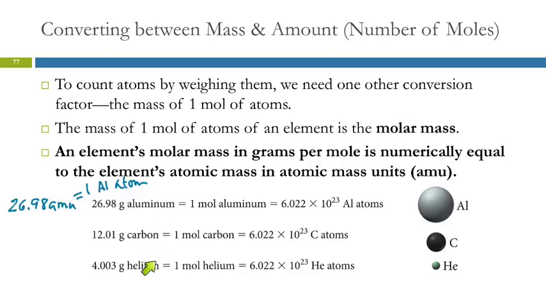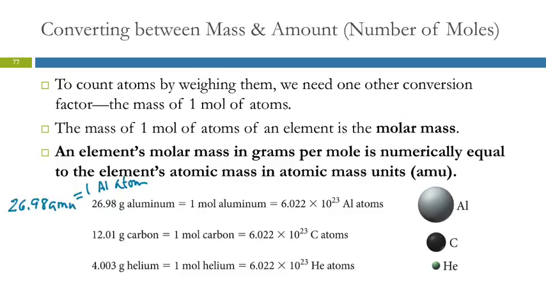If we look at this little illustration here, aluminum atoms are larger and heavier than carbon atoms. And so when we're talking about a mole of aluminum atoms or a mole of carbon atoms, it's the same number of atoms, but the masses are different. Aluminum atoms weigh more, and so if you have the same number of them, the total's going to be more, right?